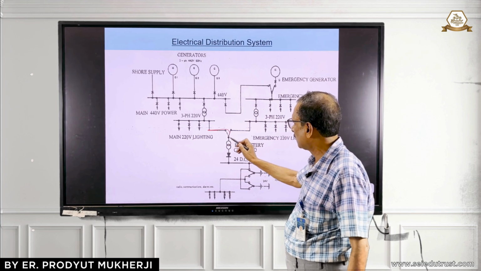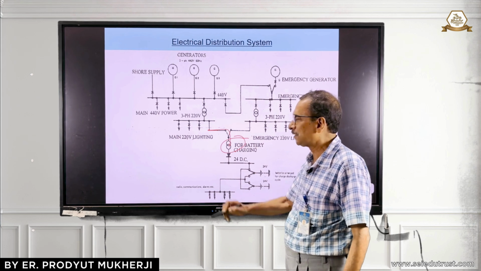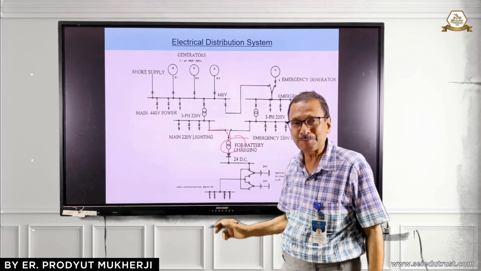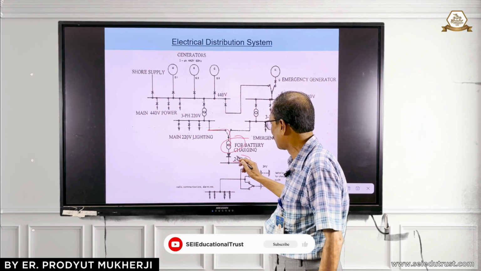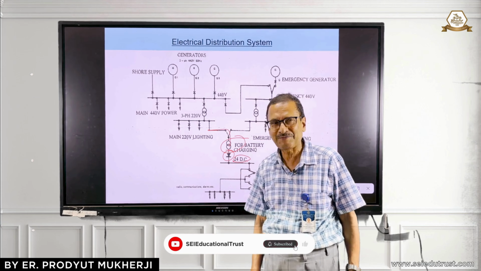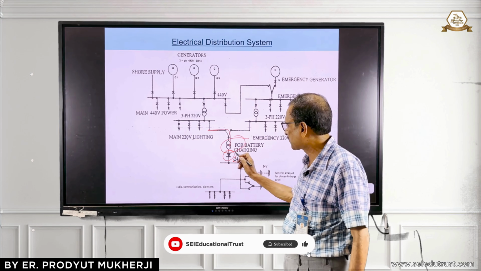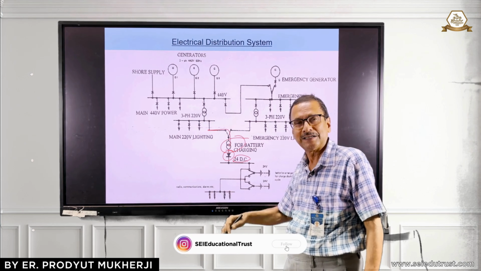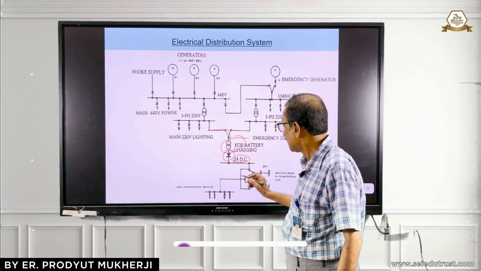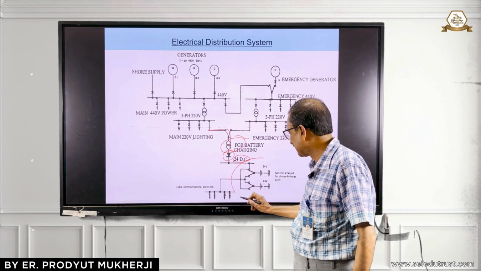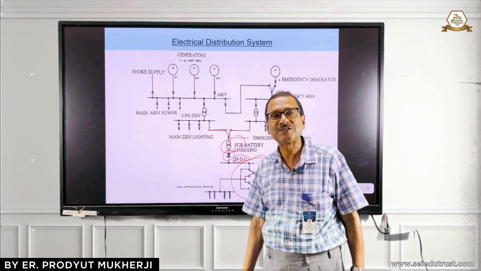From here the line goes to another transformer which steps it down to 24 volt DC. We have got a rectifier here. So the 220 is stepped down to 24 and then made into DC. This DC supply supplies the emergency battery.